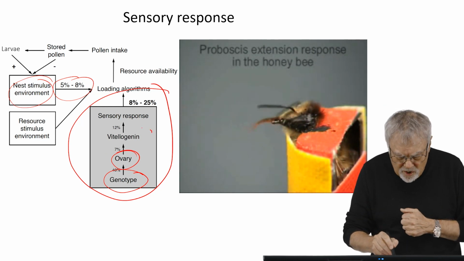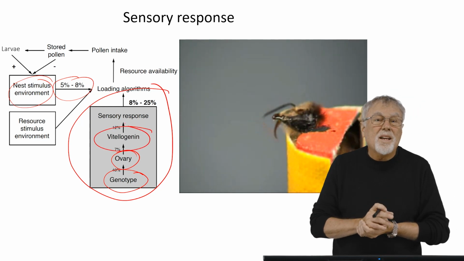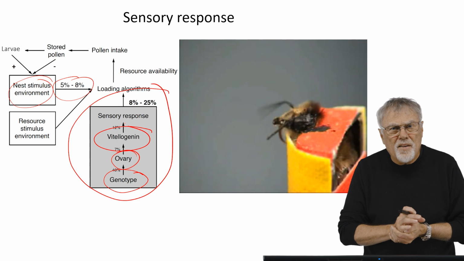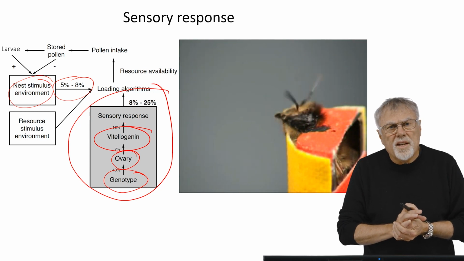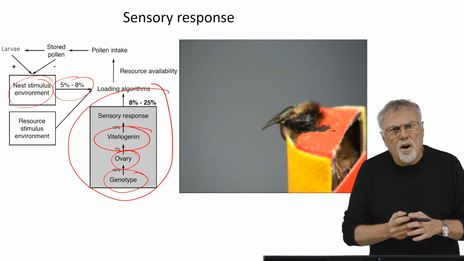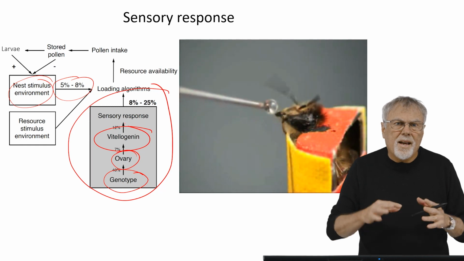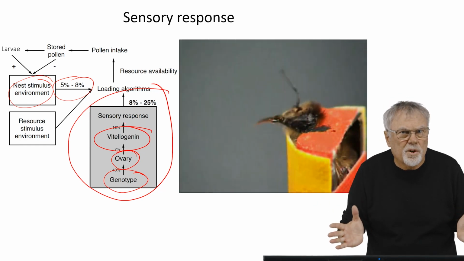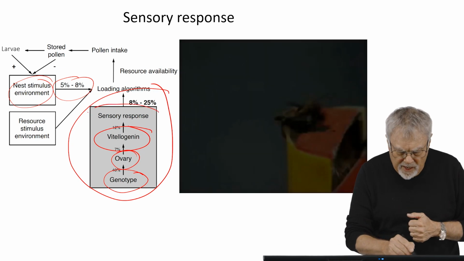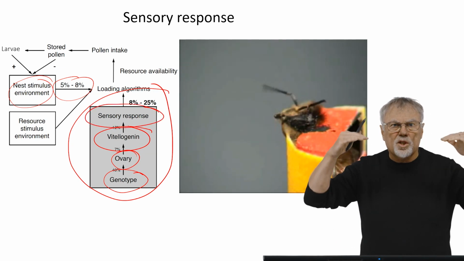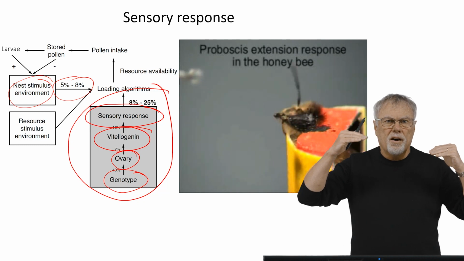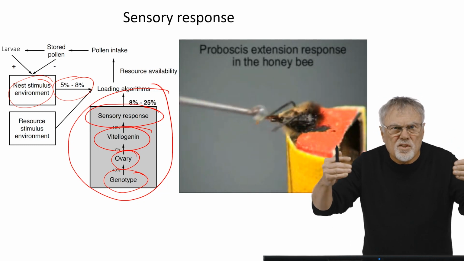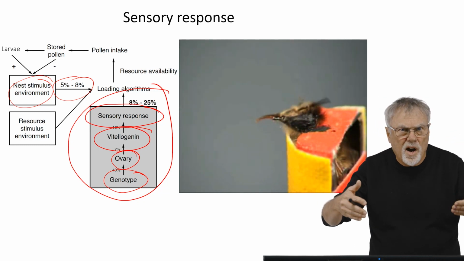But their ovaries do still produce or regulate the production of vitellogenin, which is an egg yolk protein that also acts like a hormone and has broad effects on foraging behavior. One of the effects it has is that it tunes the sensory systems of bees. It makes them more sensitive to certain stimuli in the environment.